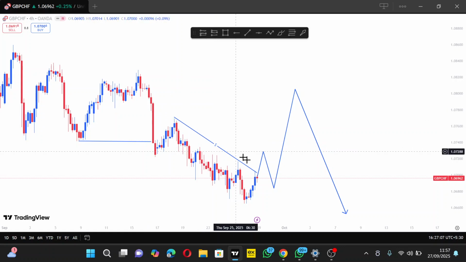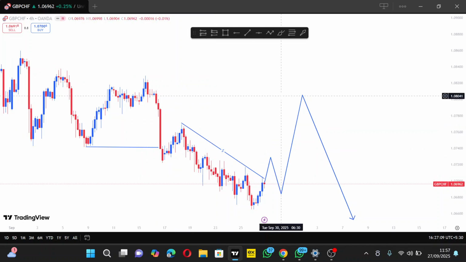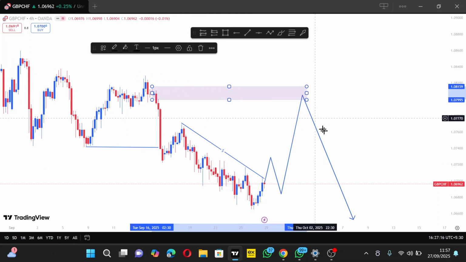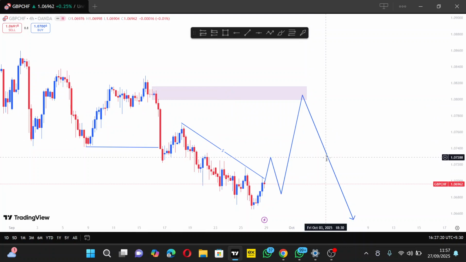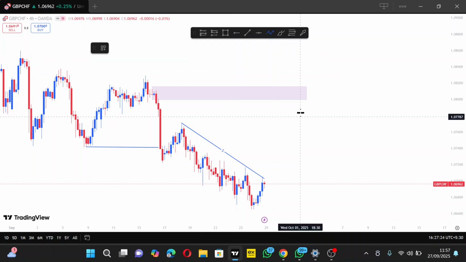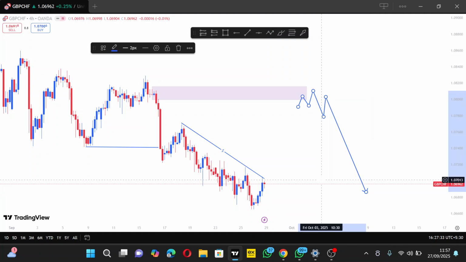So price is going to take out all this traditional liquidity. This is the other block that we are going to be marking for price to tap into, then before we sell again. So once price gets into this area, you know what to do. You always wait for your change of character, then before you sell.